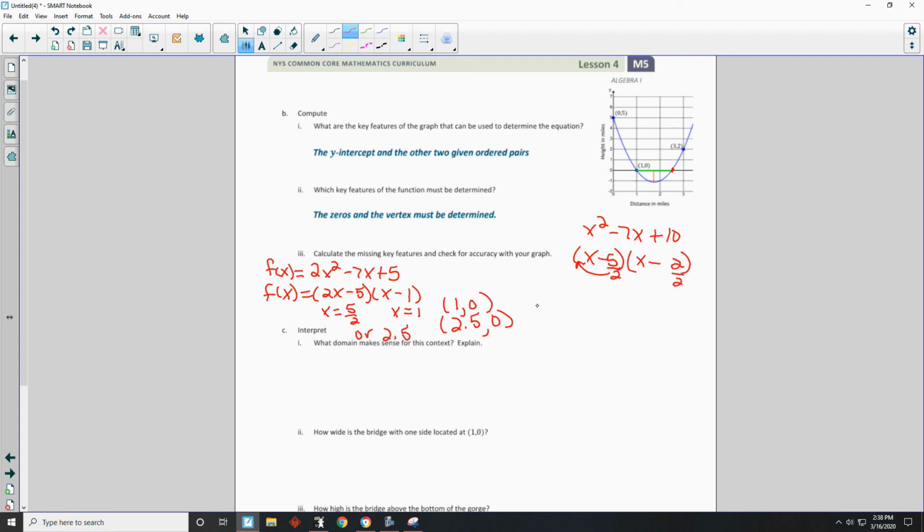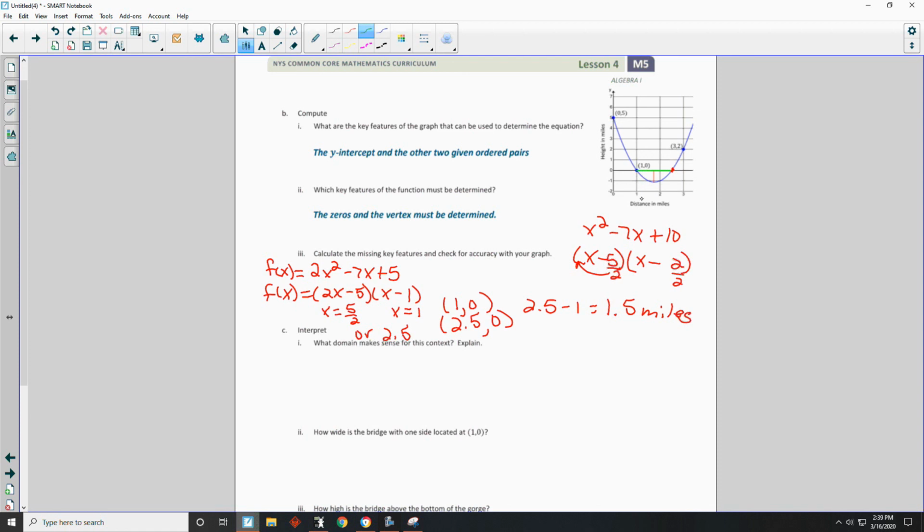So the distance would be 2.5 minus 1, which is 1.5 miles. Okay, so that's the distance from here to here, 1.5 miles. Okay, and to find the vertex, let me change colors.